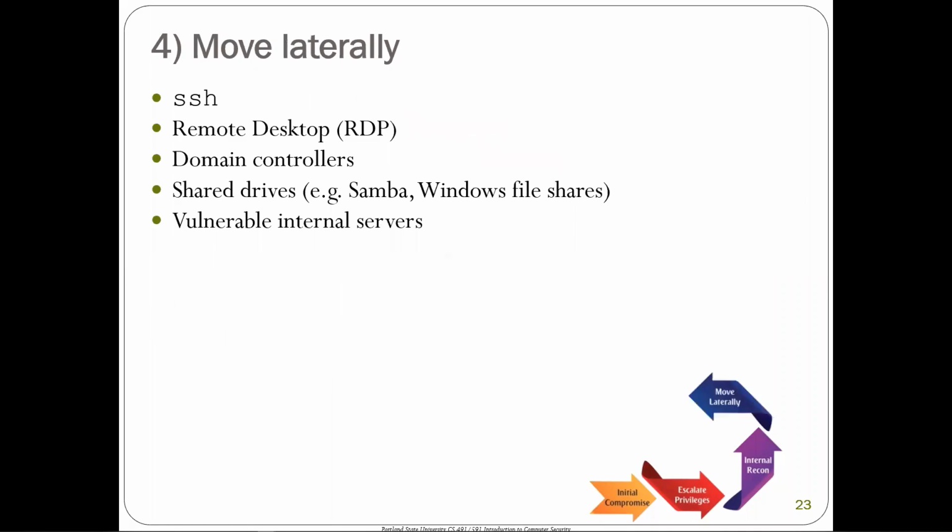Okay, the next step of the process is to move laterally. So once you have identified a host, you can use your current machine as a stepping stone to attack another machine, and you would then move laterally to that other machine. That's what lateral movement means. So you could find the SSH keys and then use the SSH key to SSH into a different machine. Remote desktop: if you have a Windows credential, then maybe you can do a remote desktop to a different machine in the enterprise.